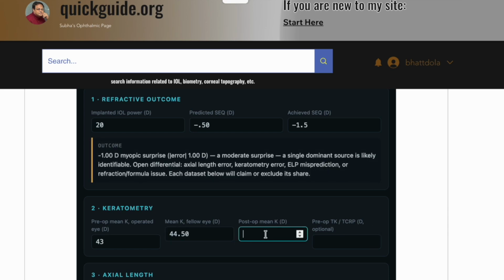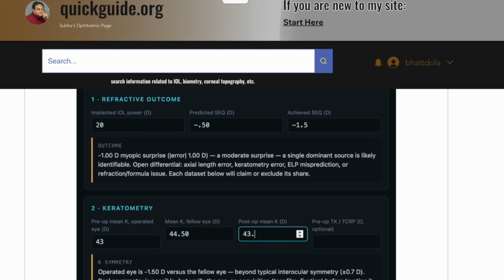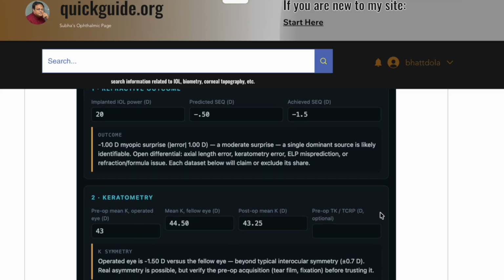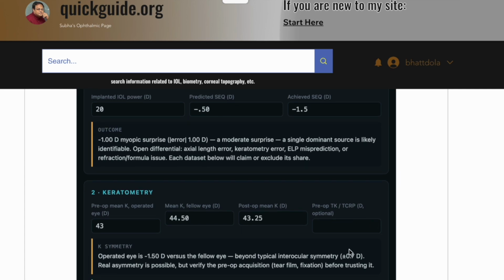And the post-operative mean K, so you have implanted the IOL, you have done a pseudophakic biometry the moment you realize there is a large refractive surprise, and you found out that your post-op mean K is say 43.25 here, right? And if you have the preoperative TK, TCRP, that's optional. You may put it, you may not put it over here, just to understand if there's a big difference between the preoperative K readings and the TCRP readings, that is the total corneal refractive power readings.